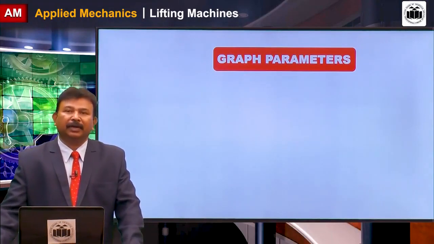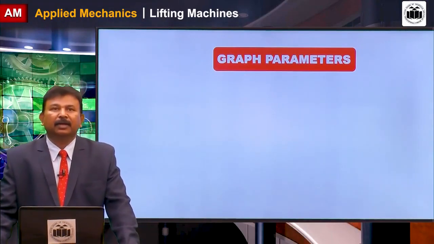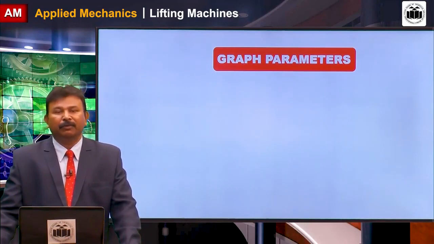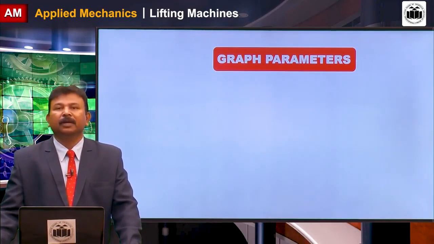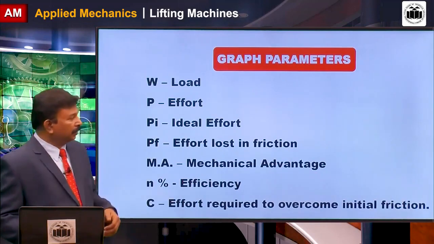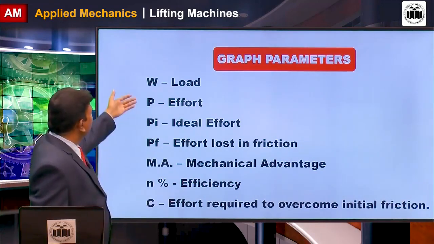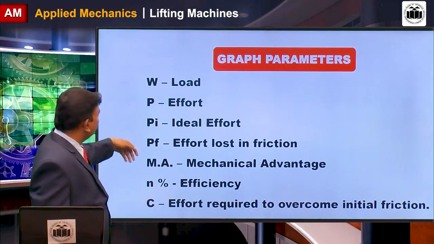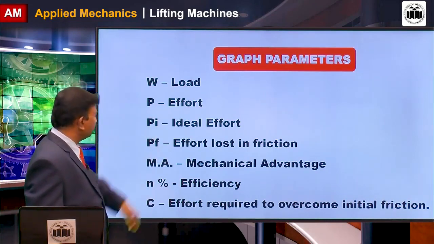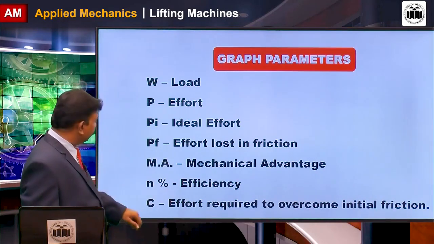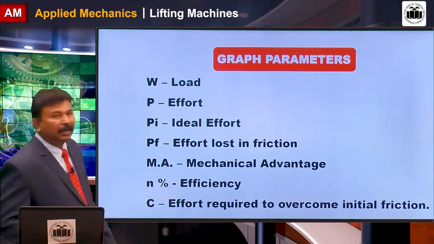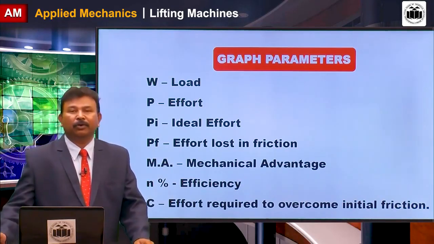Whatever data we are getting in machine experimentation, we are plotting that data in the form of graph. Now, these are the graph parameters: load W, effort P, ideal effort, effort lost in friction, mechanical advantage, and efficiency.